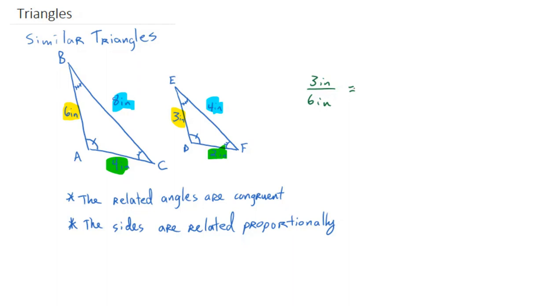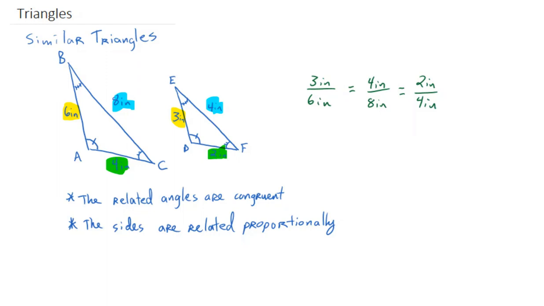But that equals 4 inches over 8 inches. That's my blue highlighted relationship. And that equals 2 inches over 4 inches. What makes these similar triangles is that I can put equal signs between these ratios of the different sides.